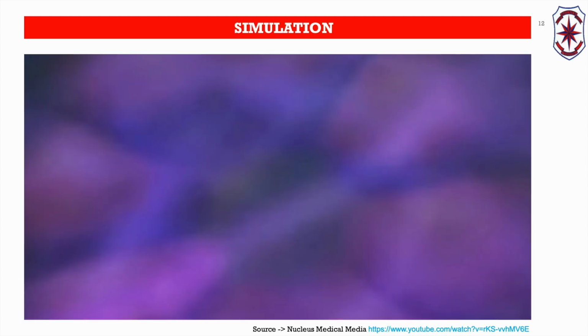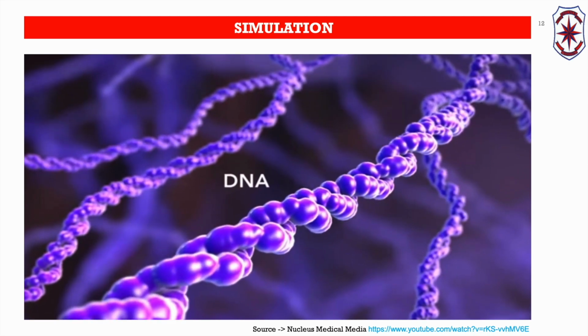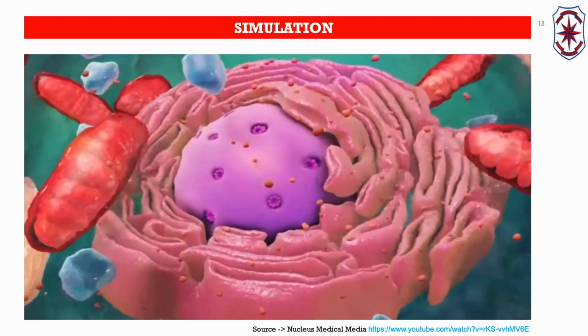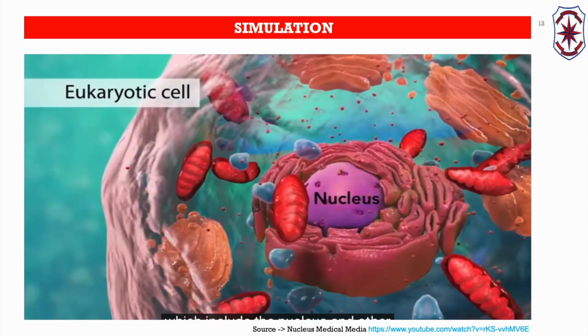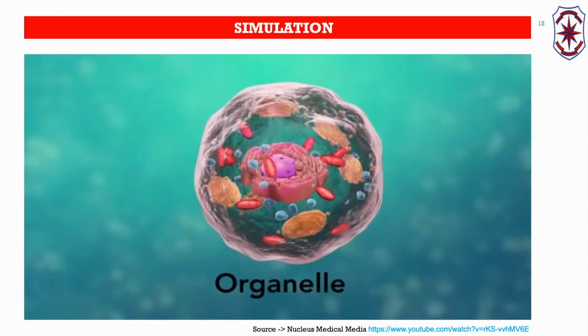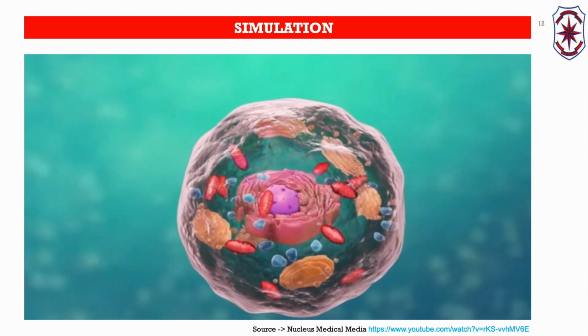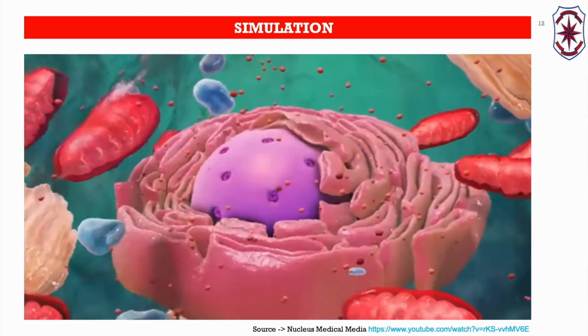Continuing. Now, when we look into the nucleus of a cell, there is something that we should notice. The nucleus of the cell, and these parts you should know, is surrounded by its own membrane.